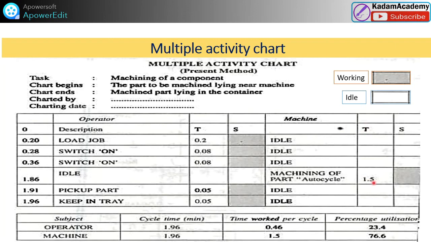The time is written here and consequently added here, and the total cycle time we get for the operator and machine is 1.96. For the individual you can also calculate here, for the operator and individually 1.5 for the machine. So here is the summary. It will be clear to you, and from this you can take the decision.